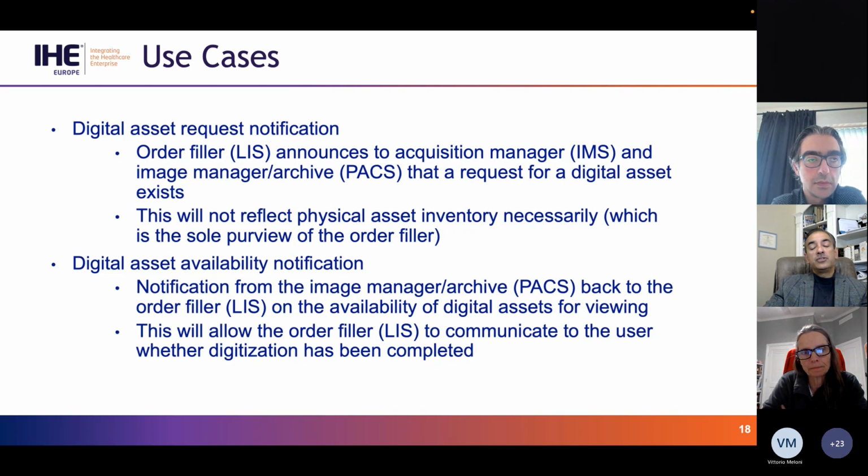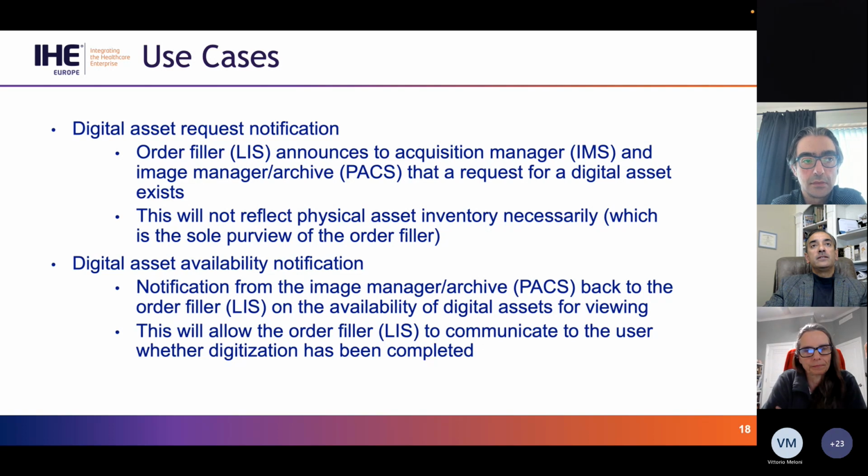The other situation is where the LIS is really driving the acquisition by the scanner and sending information to the scanner. So we want to be able to have digital assets, as they're created, be able to send requests, and we want to be able to have availability notifications sent back to the LIS system when there's digital assets that are available for viewing.